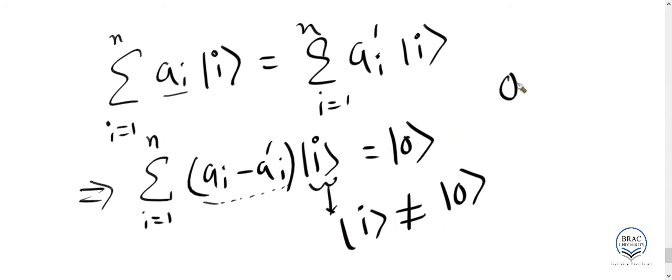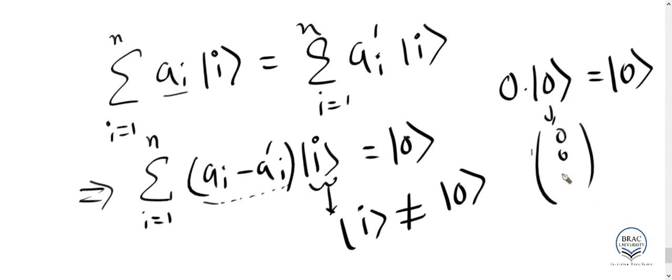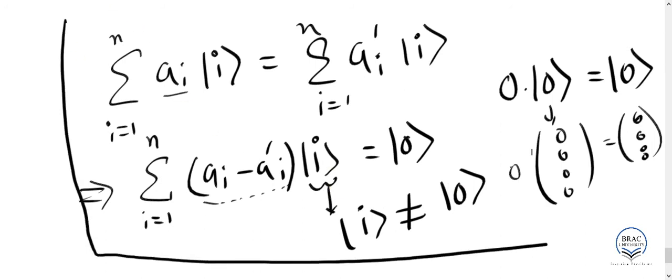Remember that 0 times a vector is also the 0 vector, because if you think of this 0 ket as a column of zeros, then multiplying anything will just give you back a 0. So this expansion is unique. That's what we proved.